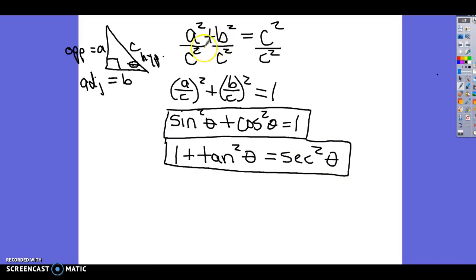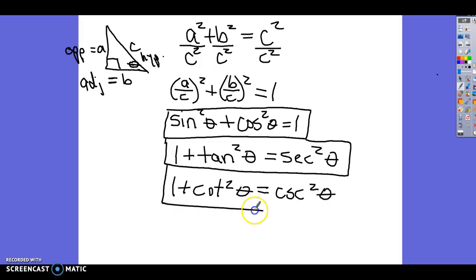And then if we divide the whole thing by b squared instead of c squared or a squared, if we divide each term by b squared and then use our trig identities to figure out which one it is, we'll get our third trig identity, which is 1 plus cosine squared theta equals cosecant squared theta.